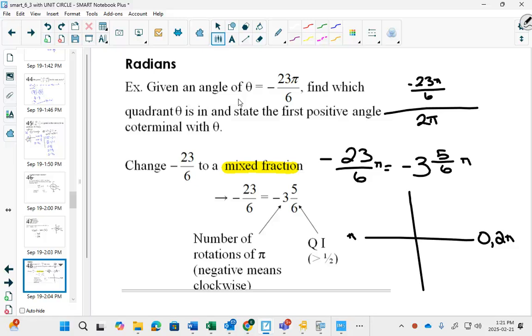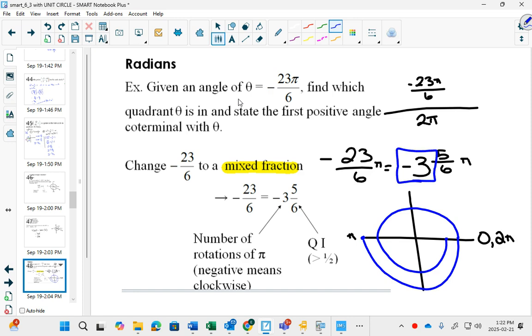So when I'm trying to figure out where is -3 and 5/6, first of all, the negative, in standard position, I'd start here. The negative means I'm going in this direction. Halfway around means I would have traveled -1. All the way around means I would have traveled -2. Another halfway around, this is -3.